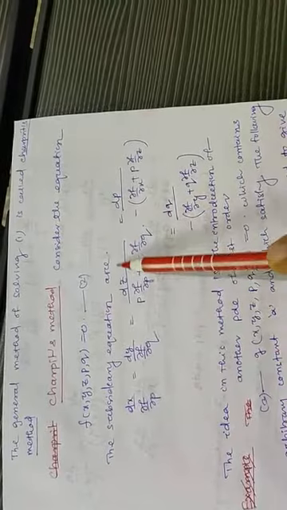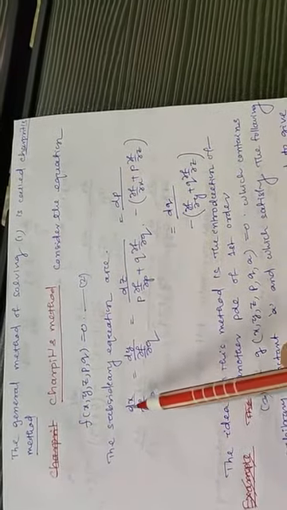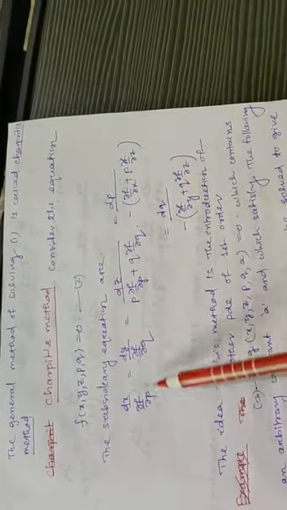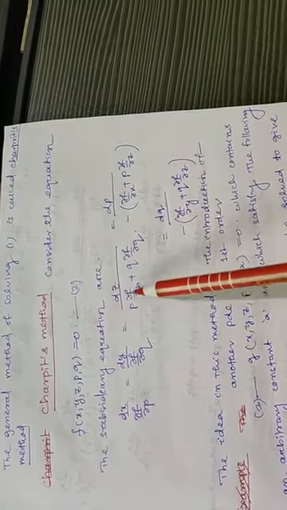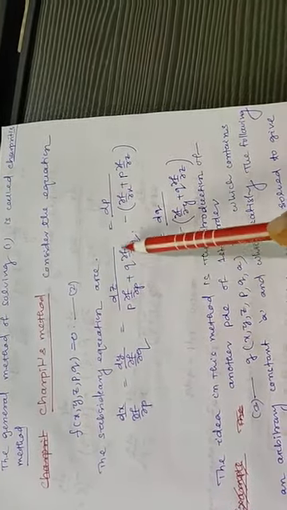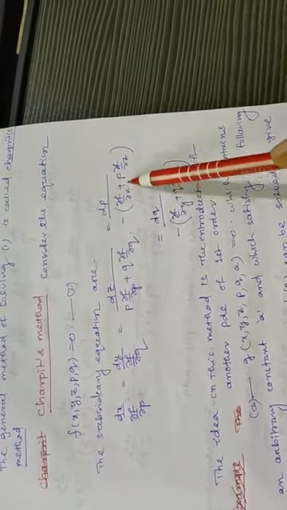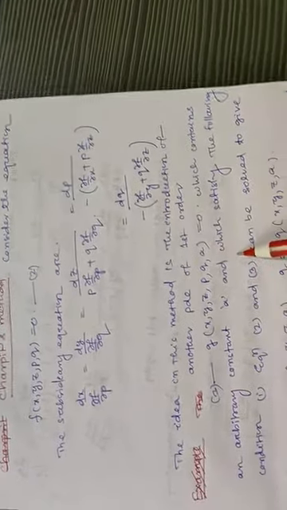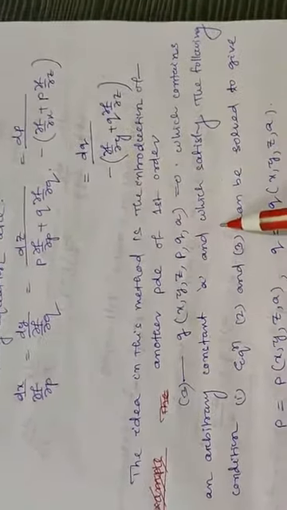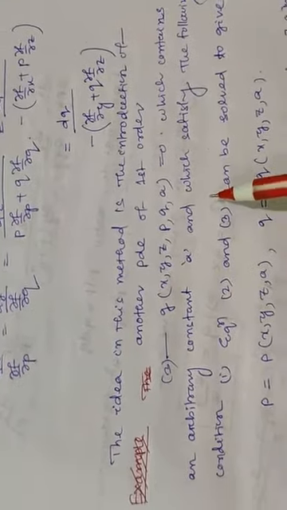The subsidiary equations are obtained as dx by del f by del p is equal to dy by del f by del q is equal to dz by p del f by del p plus q del f by del q is equal to dp by minus of del f by del x plus p del f by del z is equal to dq by minus of del f by del y plus q del f by del z.